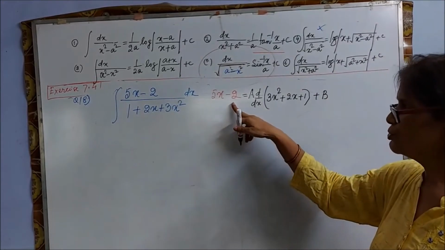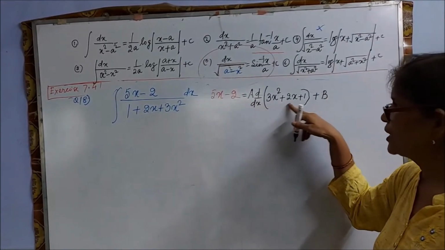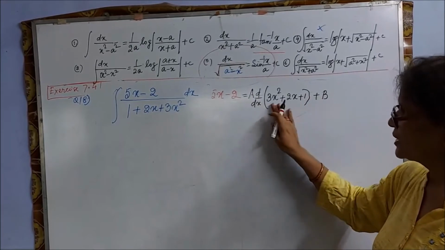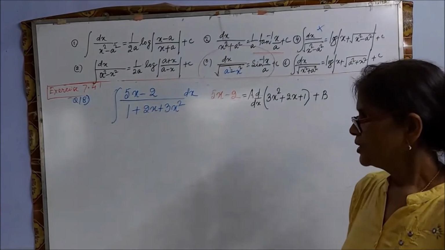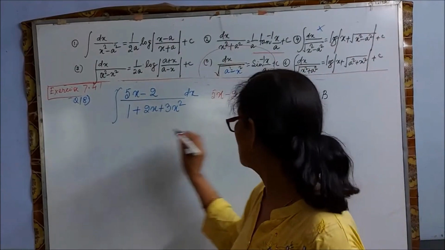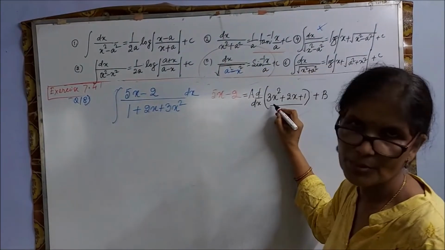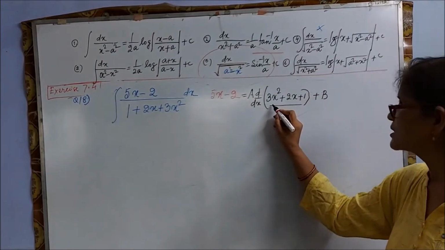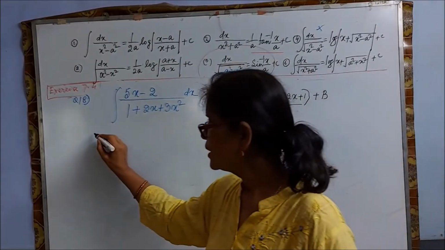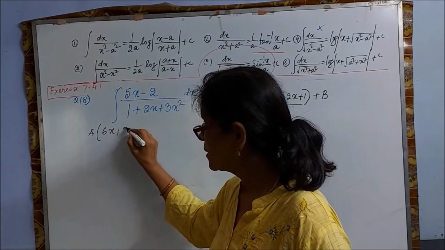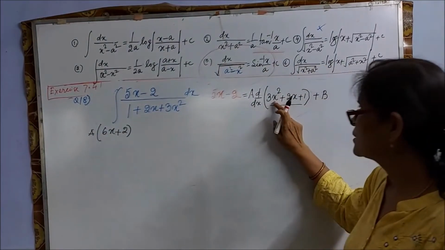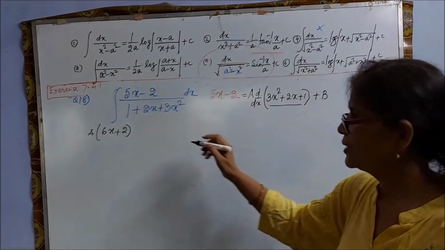5x minus 2 is equal to a into the derivative of this plus b. What is the derivative of this? It will be x terms. Okay. So now I am writing the derivative of this. Everybody can say how much? 6x plus 2. So a into (6x plus 2) plus b.